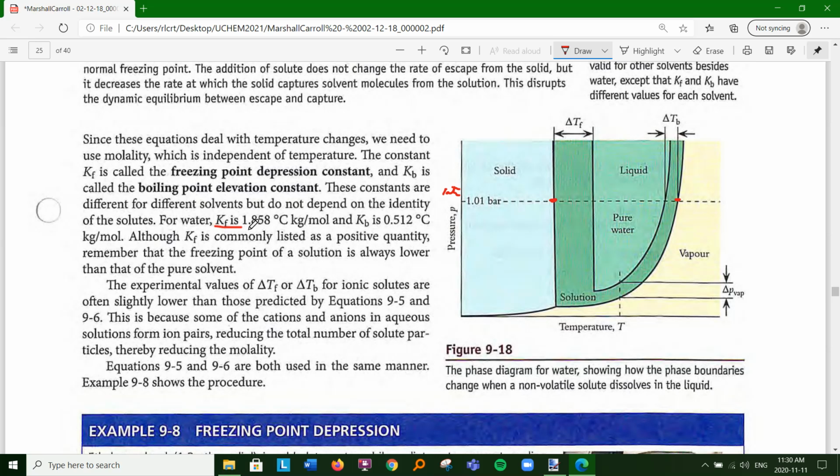For water, the KF value, you don't have to memorize it, you'd be given it: 1.858 degrees Celsius kilogram per mole, or degrees Celsius per molal is another way to say it. I like to say it like that. And KB is 0.512.